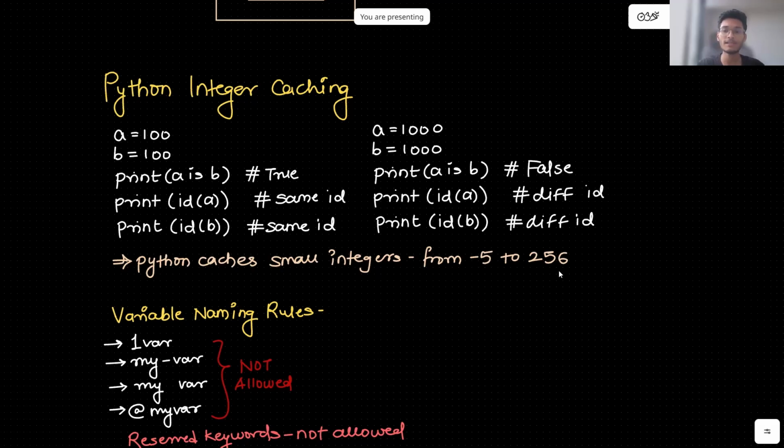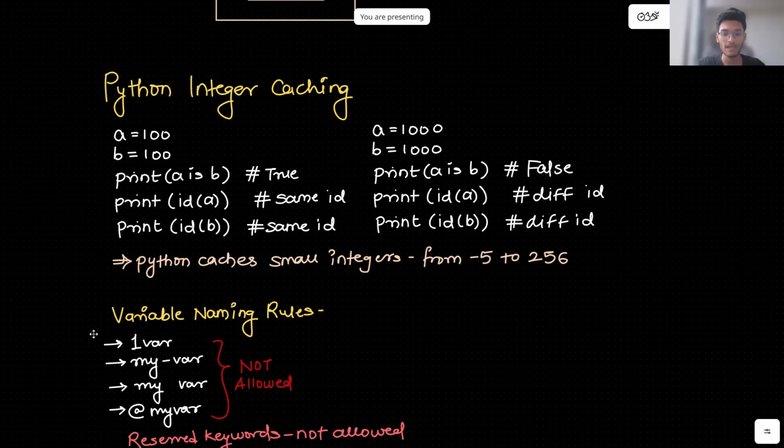What is this particular is? If you use equal to, it will compare the values. But if you use the is keyword, it will compare the identity, whether it is the same object in memory. Let us try to understand this with the help of a demonstration.